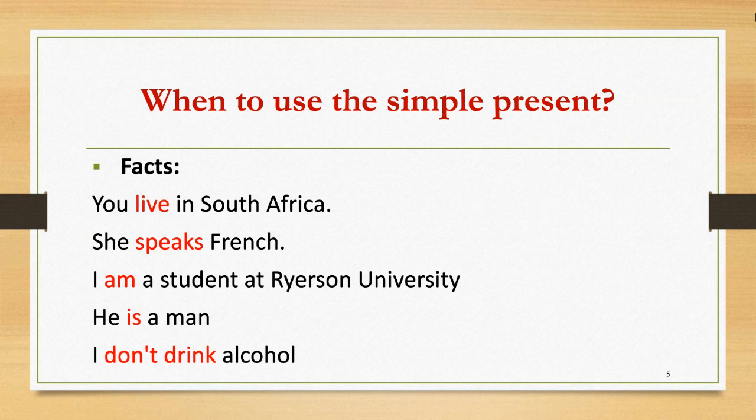No, I don't drink alcohol. In both cases, we have to use the simple present because I'm talking about a fact. In all these statements, we are talking about something that is true all the time.